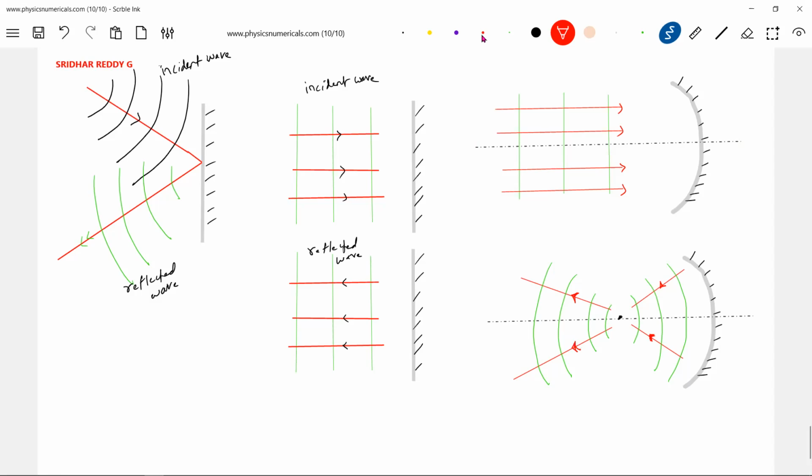Getting the idea now? So what is this? This will be the incident wavefront. Incident plane wavefront. This is a reflected spherical wavefront.